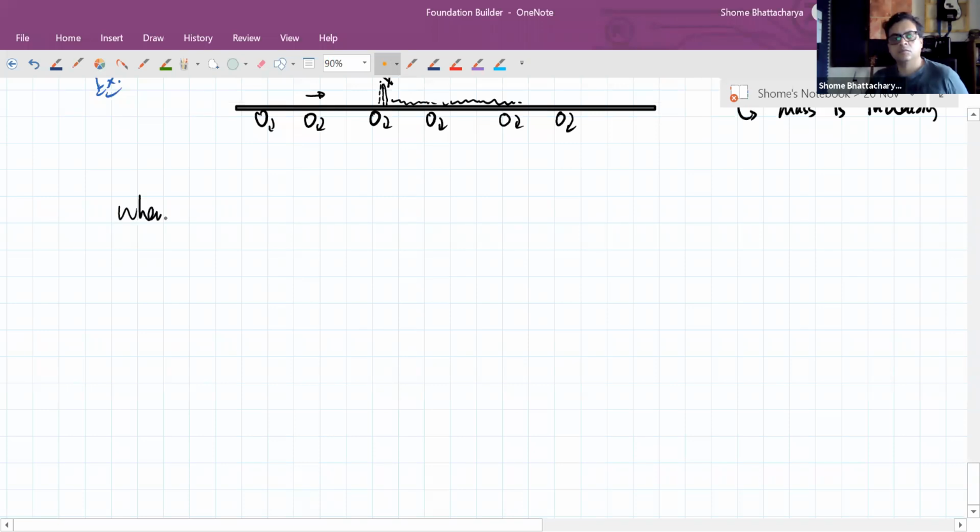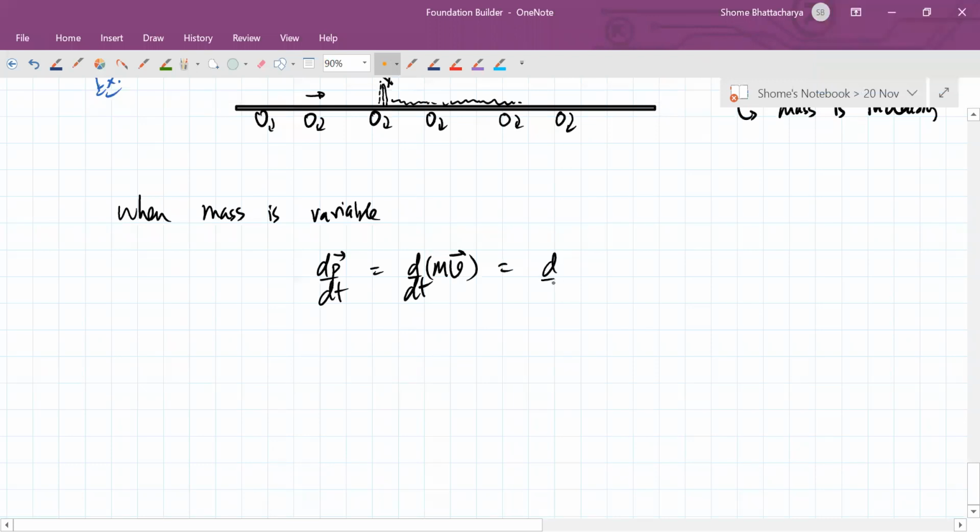So when mass is variable, rate of change of momentum, which is differentiation of mass into velocity, becomes rate of change of mass into velocity plus mass into rate of change of velocity. This is by product rule in differentiation.